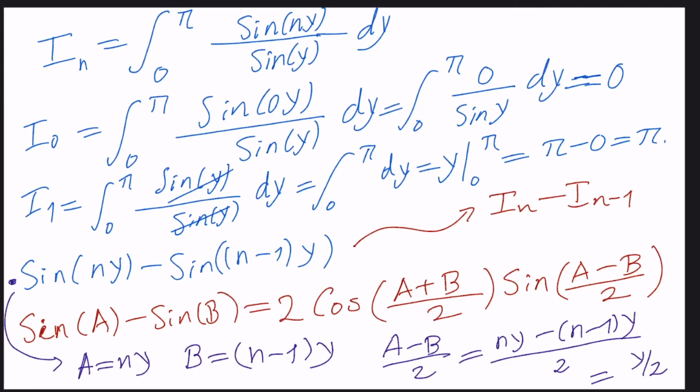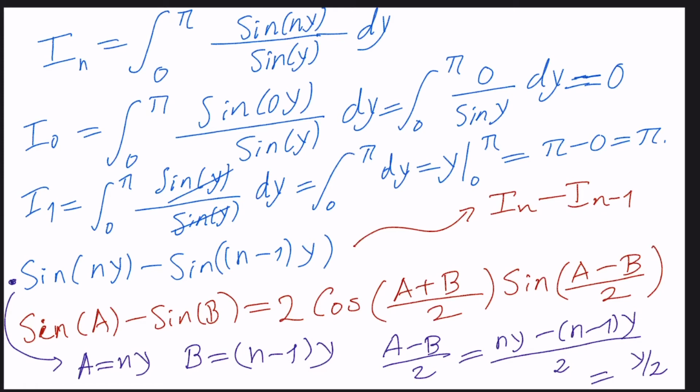It will be more complicated now, because we will create an integral in terms of cosine, like cosine of (n minus 1) or something like this. A plus B is (2n minus 1)y. So we will obtain cosine of (2n minus 1)y divided by 2, multiplied by sine of y divided by 2, multiplied by 2, divided by sine of y.